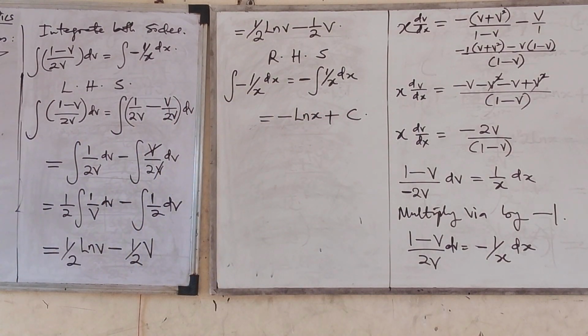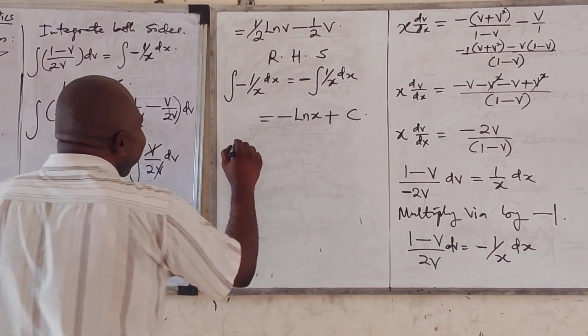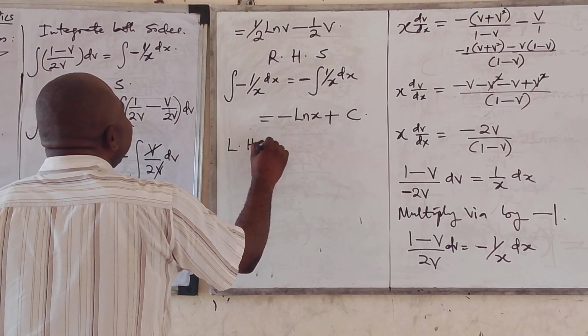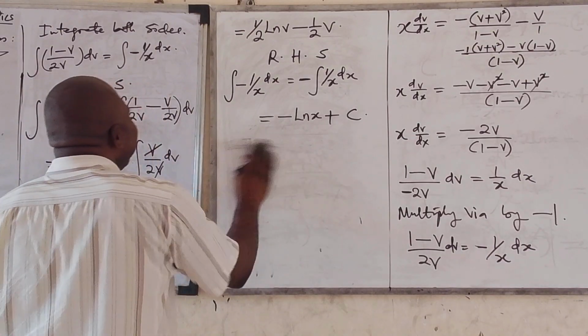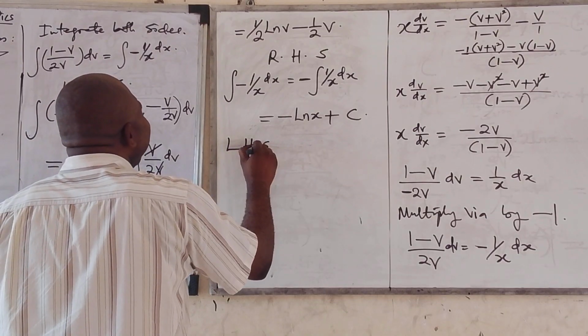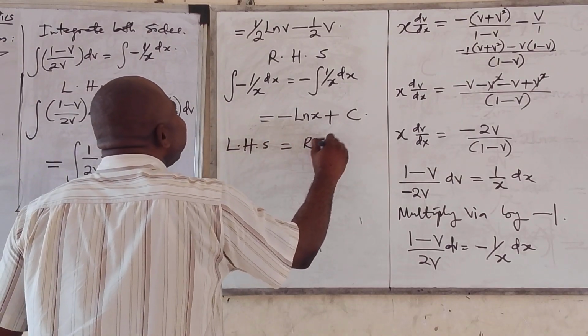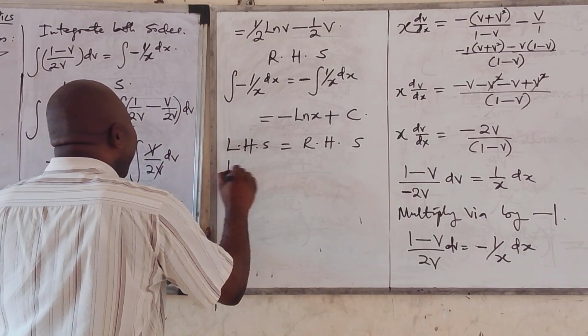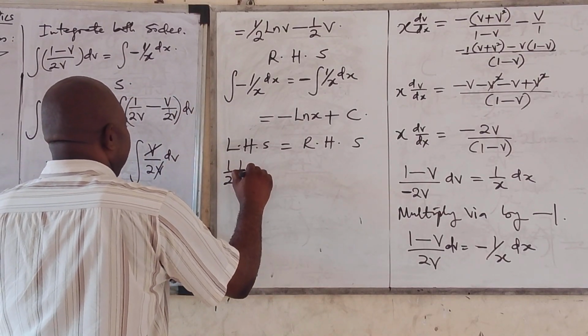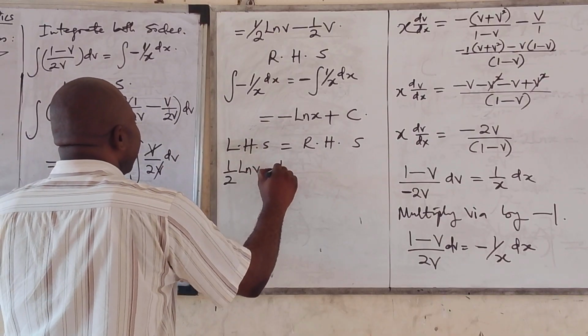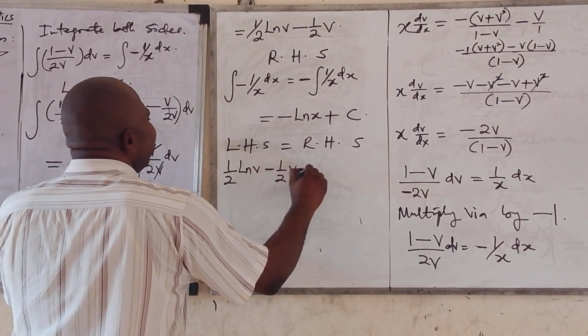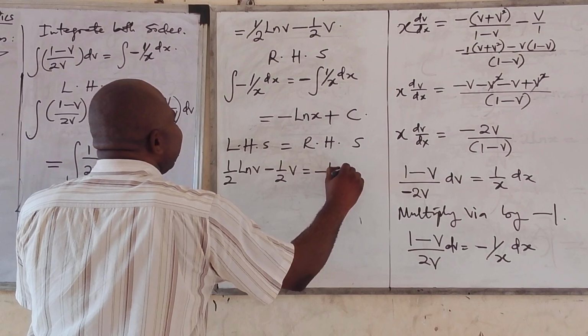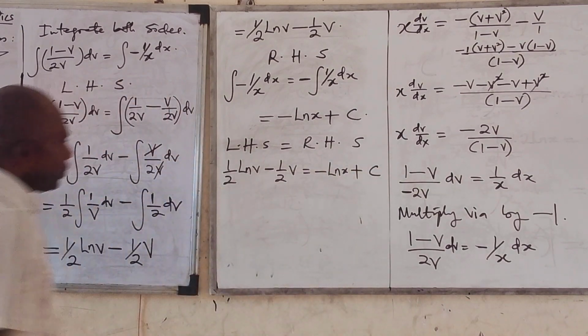Now remember, left hand side is equal to right hand side. So for the left hand side, we have 1 all over 2 ln v minus 1 over 2 v is equal to minus ln x plus c.